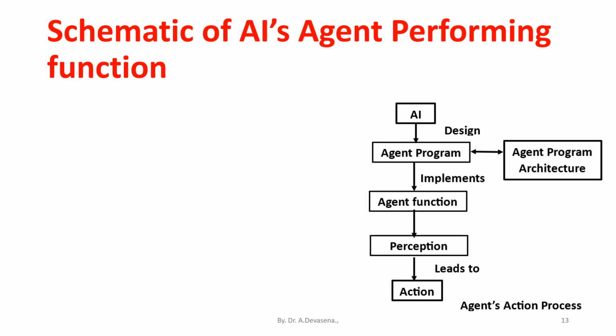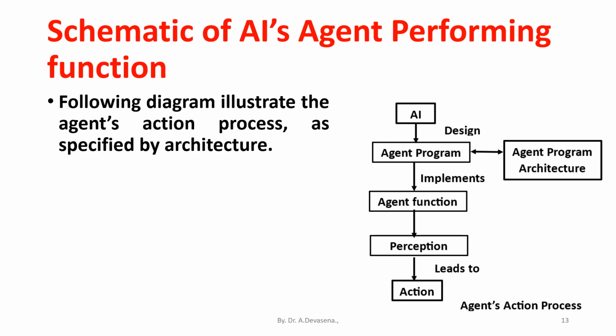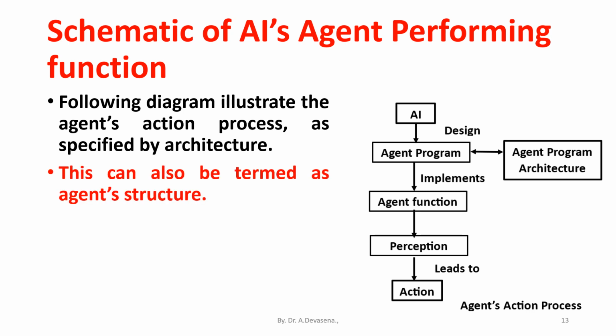Schematic of artificial intelligence agent performing function. The following diagram illustrates the agent's action process as specified by architecture. This can also be termed as agent's structure. Here, the agent's action processes are represented.